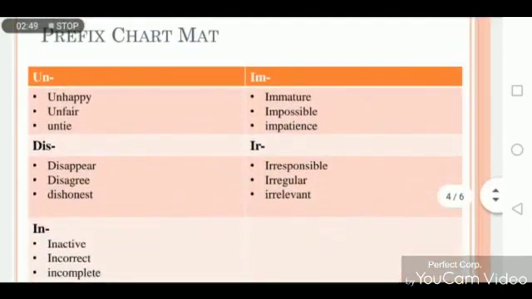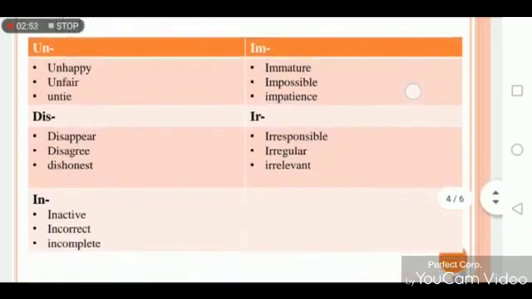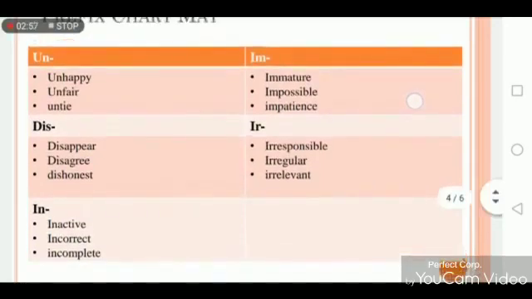Here I have given you the prefix chart, mate. Un, im, dis, in. These are the most frequently used prefixes in the English language. Go through it so you all can have an idea about it.